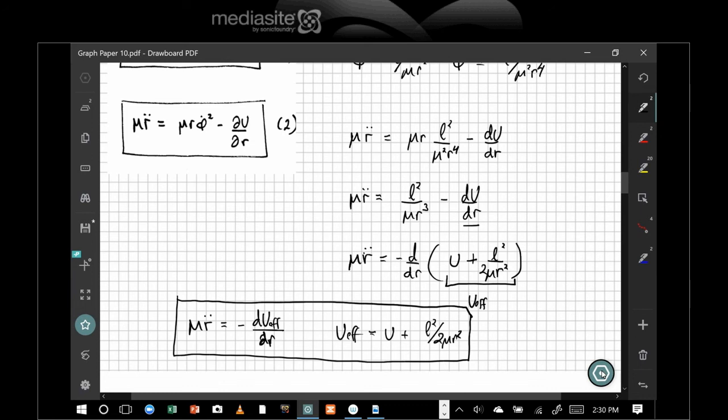So now what I've shown is that my equation of motion simply looks like mu r double dot is equal to minus d u effective dr, where u effective is equal to u plus L squared over 2 mu r squared. That's it. That's the equation I need to solve.